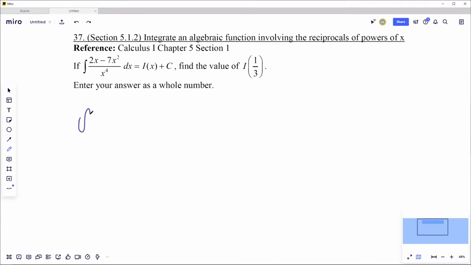So just split the integral for this. You get the integral of 2x over x to the power 4 dx, minus the integral of 7x squared over x to the power 4 dx, equals, this cancels with this, so you have x to the minus 3, this cancels with this, you have x to the minus 2, and if you want, I'll write it like this.